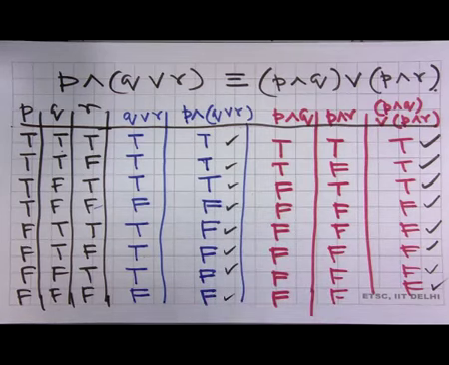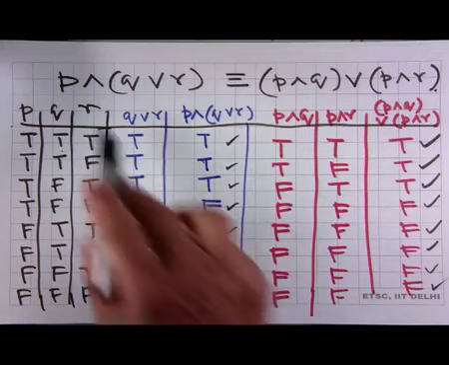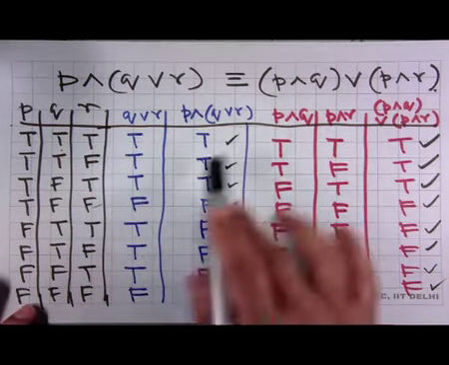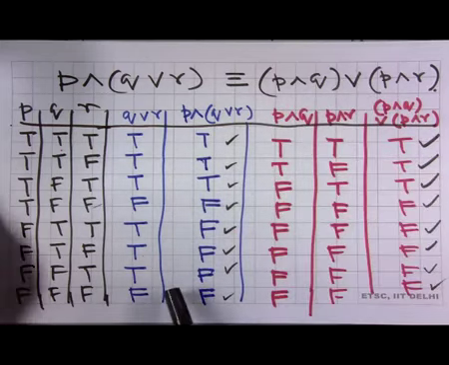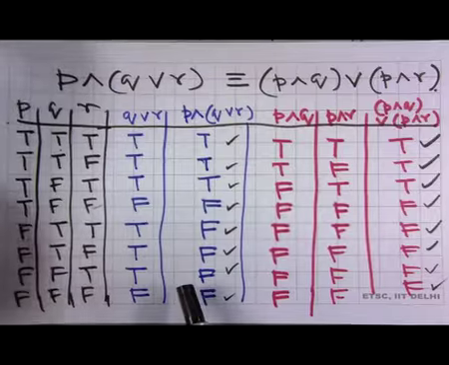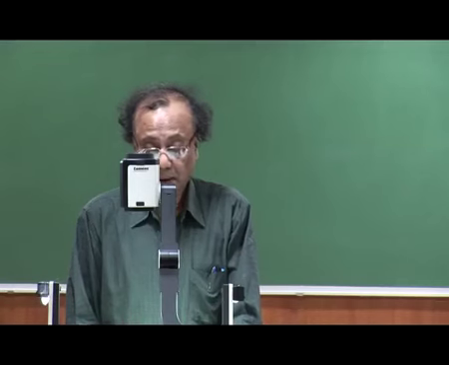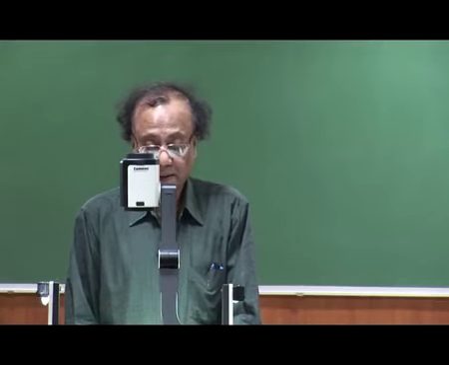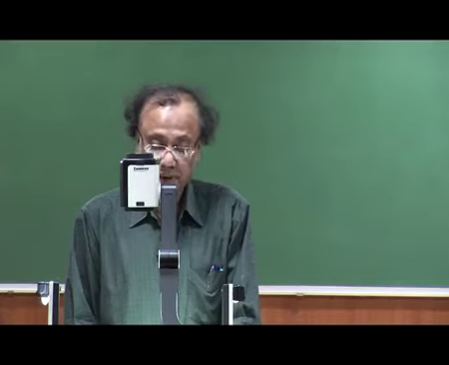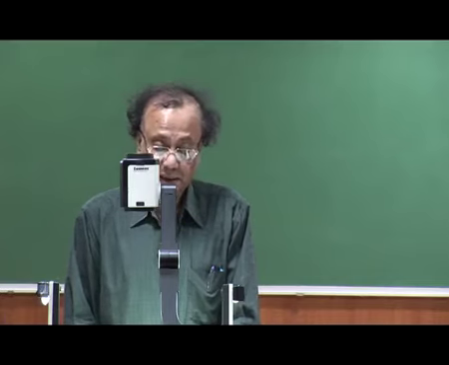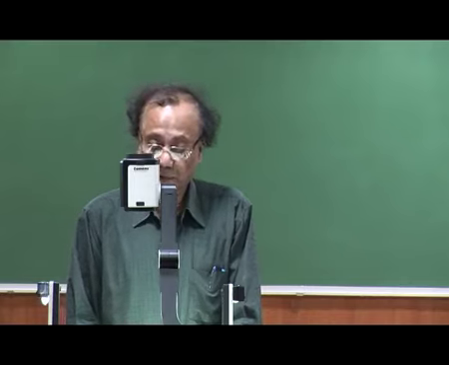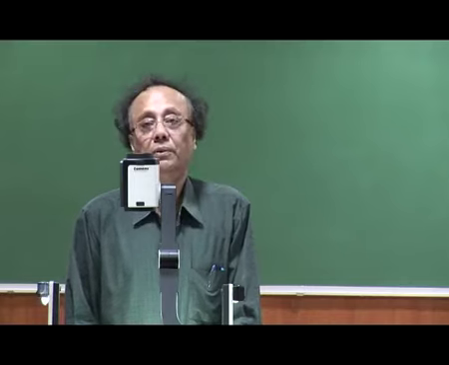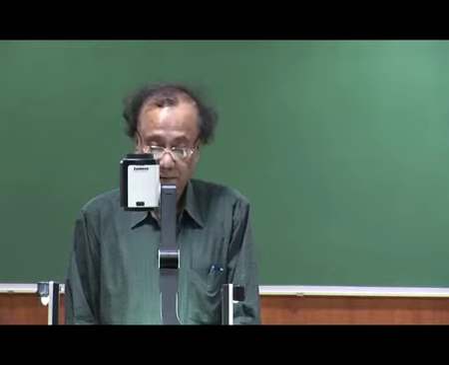So, what does it tell us? It tells us that P and Q or R is equivalent to P and Q or P and R. Okay? I leave it as an exercise for you to show that the other one, that is P or Q and R, is equivalent to P or Q and P or R.